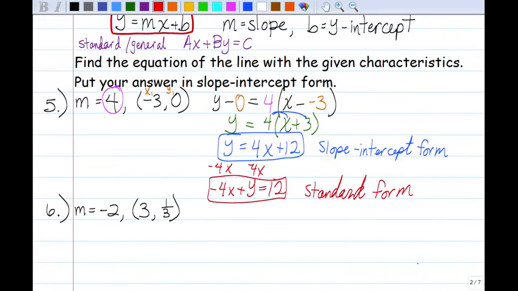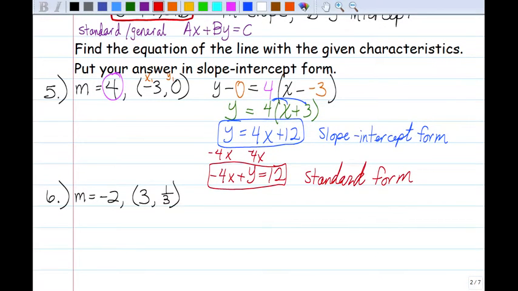Alright, so for number 6, we want to find the equation of a line that has a slope of negative 2 and it's going through the point 3, 1/3. So we have our slope, and then we have the x1 and the y1.